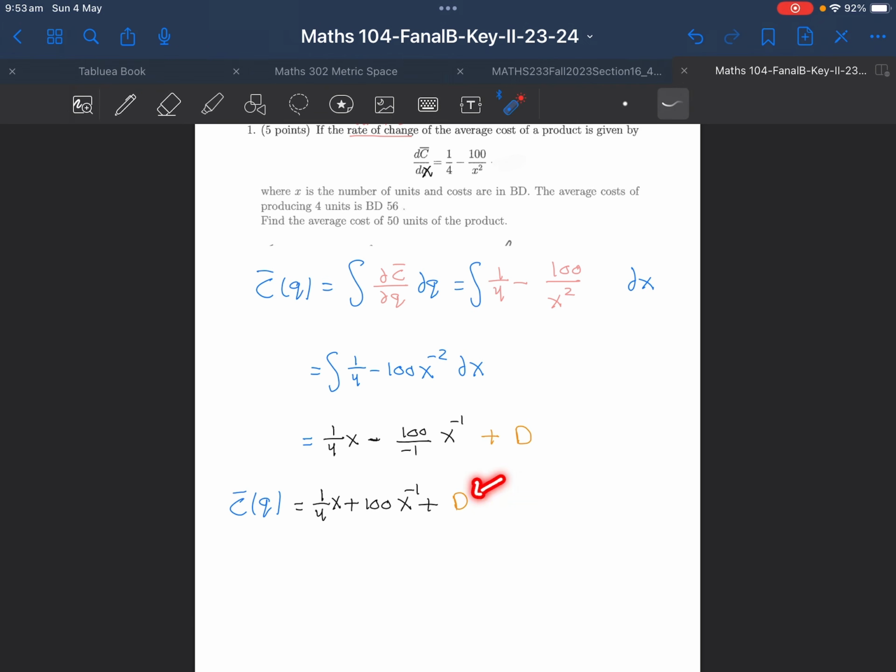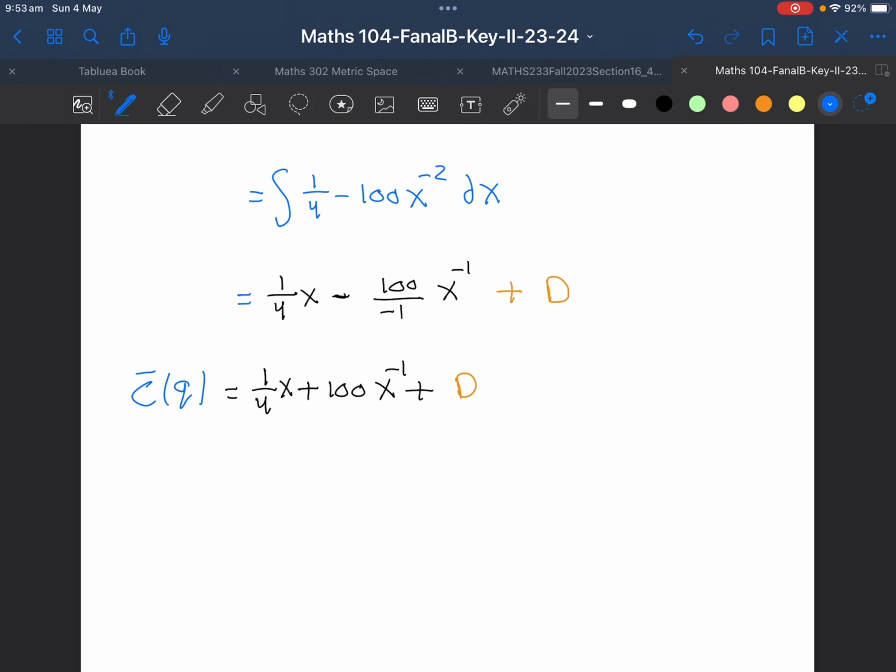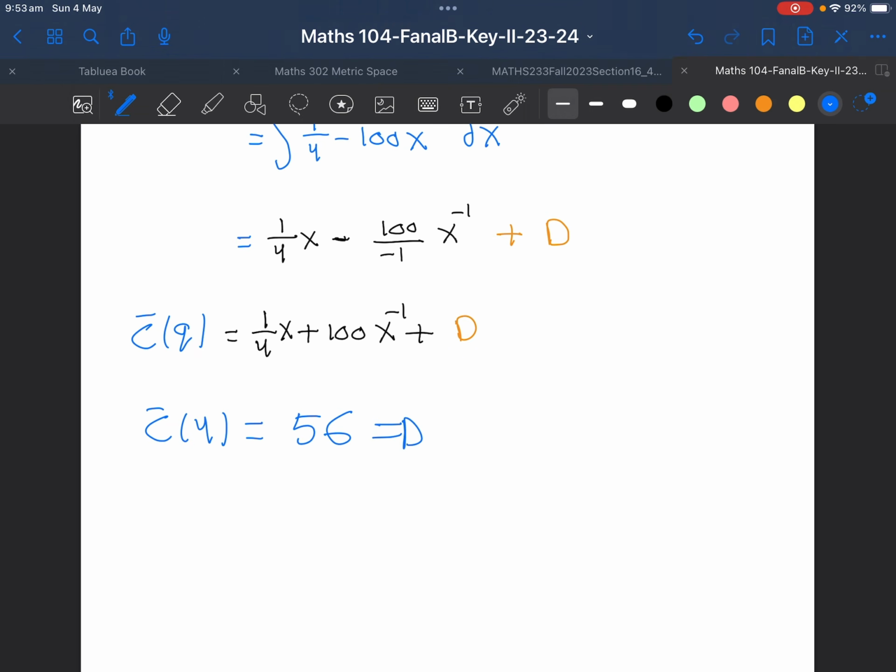However, you need to find d. How do we find d? We have information given to you in the question. Let me just write a line under this information. If you have 4 units, the cost will be 56. So if I just put 4, the answer should be 56. Now put 4 in the equation.